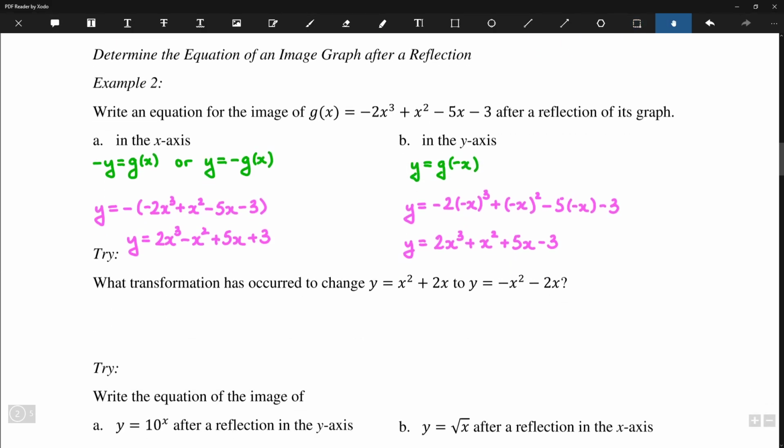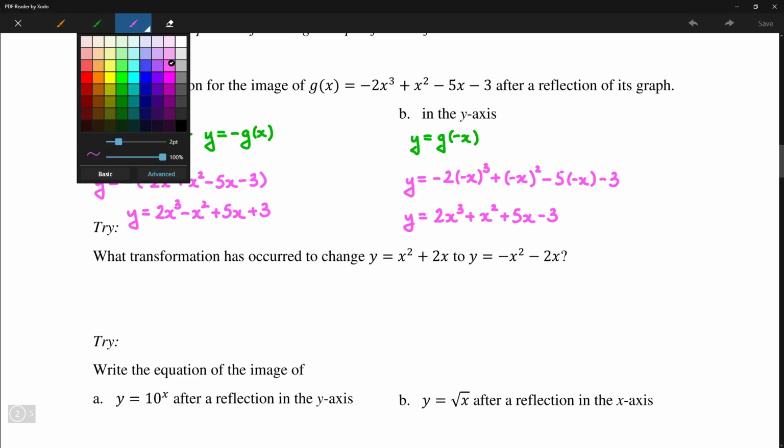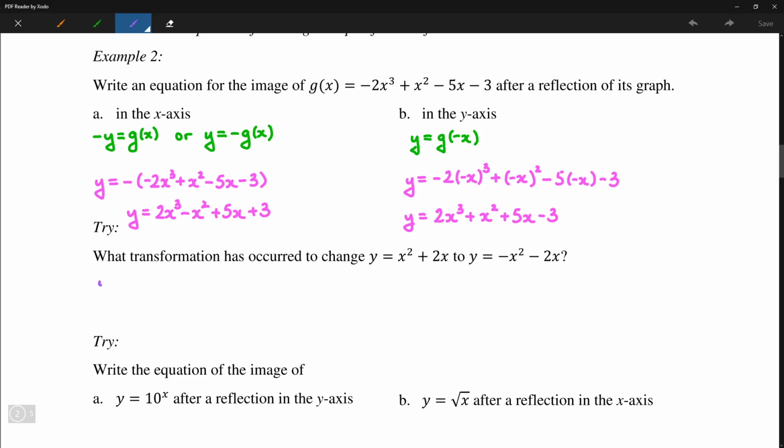Alrighty, so next example, what transformation has occurred to change y equals x squared plus 2x to y equals negative x squared minus 2x? Okay, so in this case, what we can do is factor out the negative sign from both the first and second terms, which will result in negative, and then in parentheses, x squared plus 2x, which of course is the same as negative y equals x squared plus 2x.